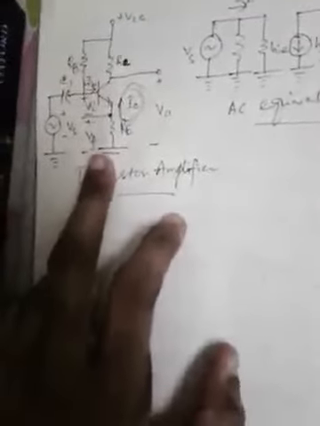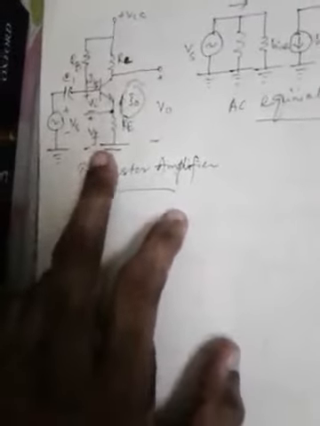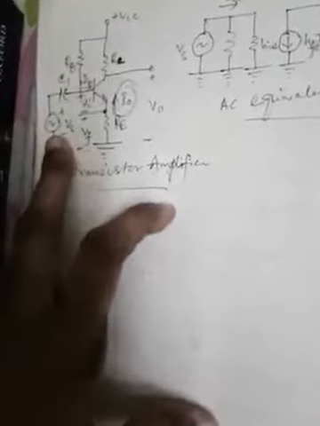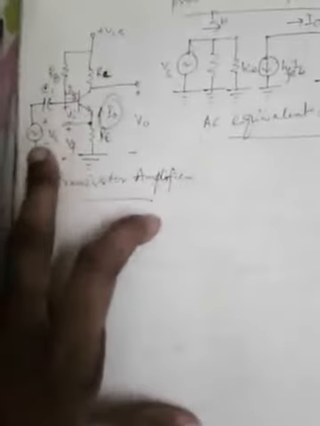That means proportional to IO, the voltage Vf is taken to feed back with the input, because at the input side the voltage is being applied.